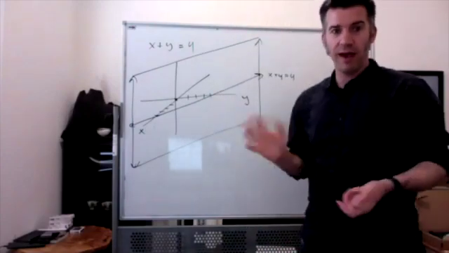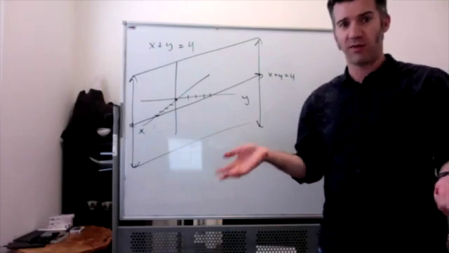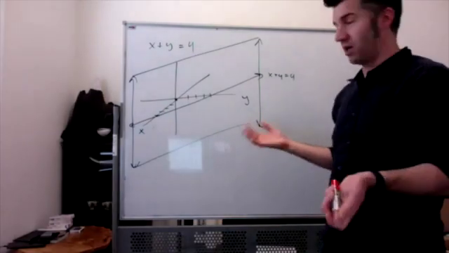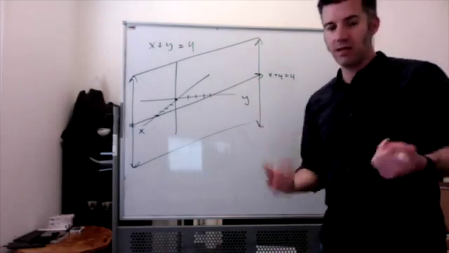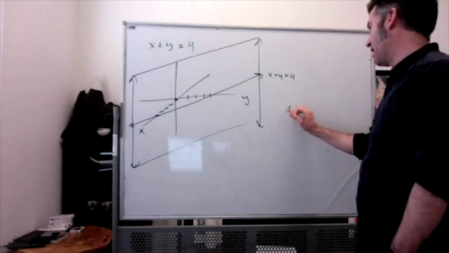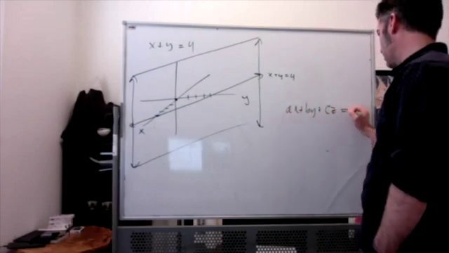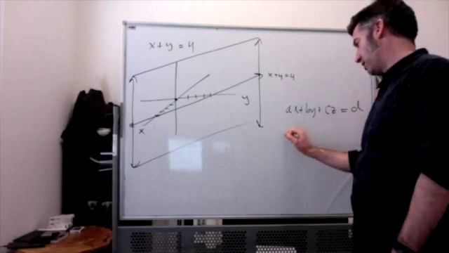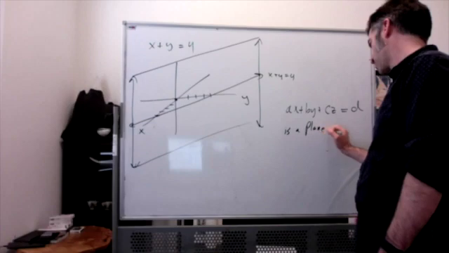So basically, if you've got x, y, and or z to the first power, you're going to have a plane. It's also true if you have x plus y plus z equals 2 or 3x. Let me just say this: ax plus by plus cz equal to d is the equation of a plane.